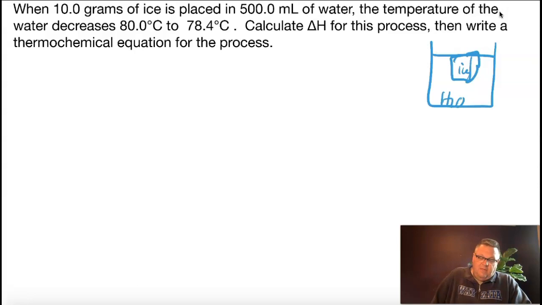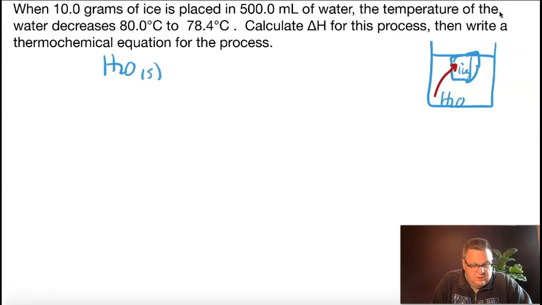If you think about what's going to happen to melt this ice, heat is going to have to flow into the ice from the water to facilitate the phase change. So the process of melting, the chemical equation would look like this. H2O solid becomes H2O liquid.